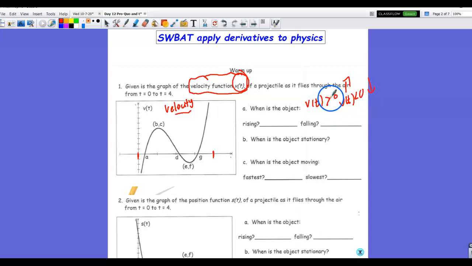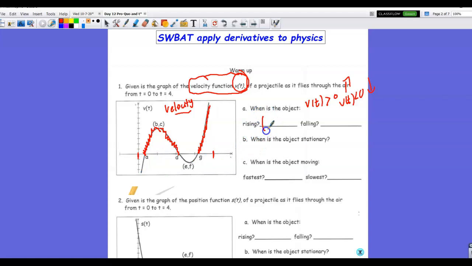So the first thing I'm going to look for is, where is velocity positive? I'm going to color it, positive velocity here, positive velocity all the way to 4. So if I describe that region, the domain in which this object is rising begins at the x value of a.